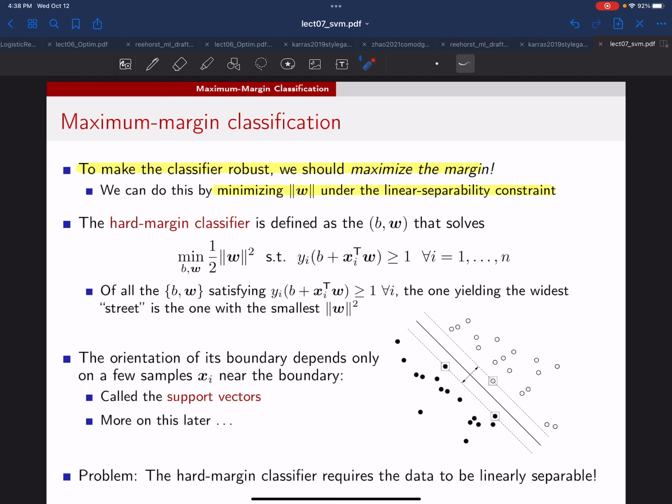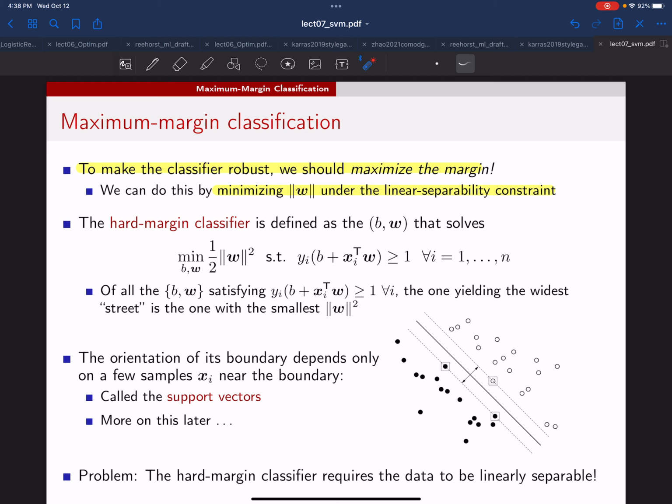Minimize 1/2 the norm of W squared, and we use the 1/2 just because it's convenient with the square, such that here's the linear separability condition we stated earlier. So we're minimizing the norm of W squared such that the data remains linearly separable.